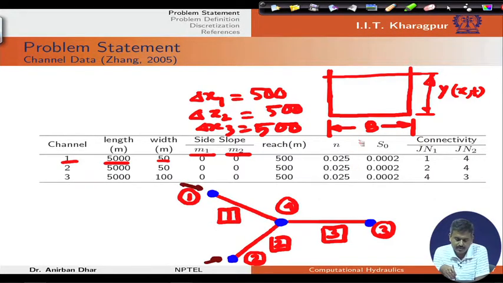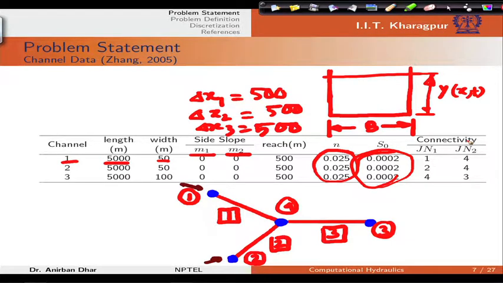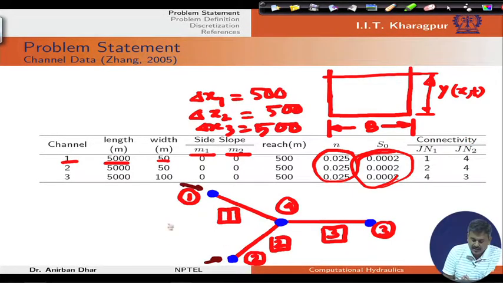N value, these are Manning's N values, and slope for all channels we have considered the slope. Now, we need to specify the junction connectivity. For channel 1, it is connected to 1 and 4, as we have considered the flow direction from 1 to 4, that is why we are writing the starting node is 1 and ending node is 4.